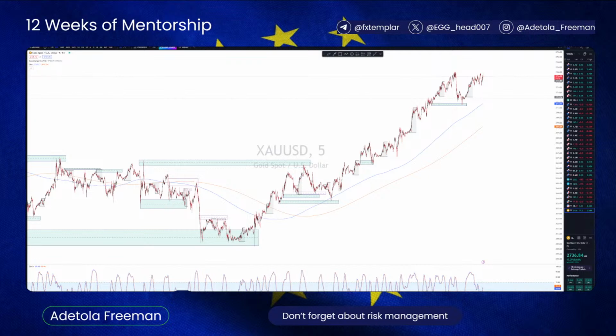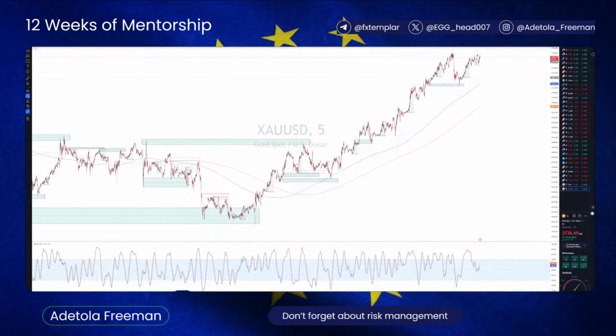Now you should be able to see it when it's oversold. You see that all of these entries were taken when the stochastics was oversold.